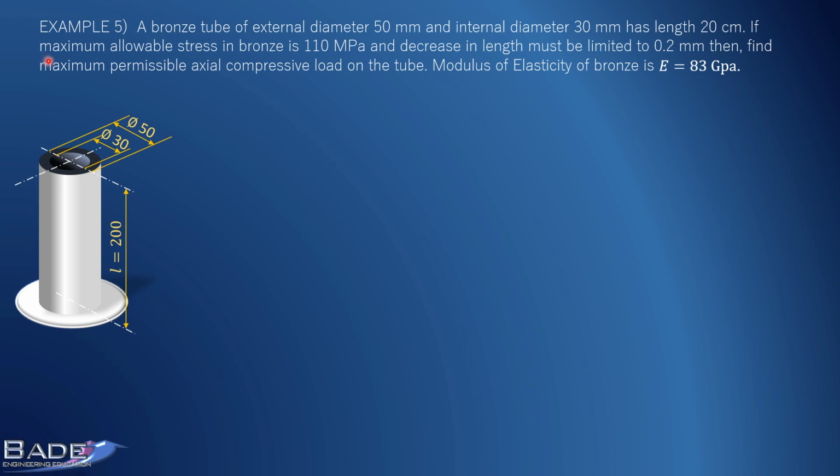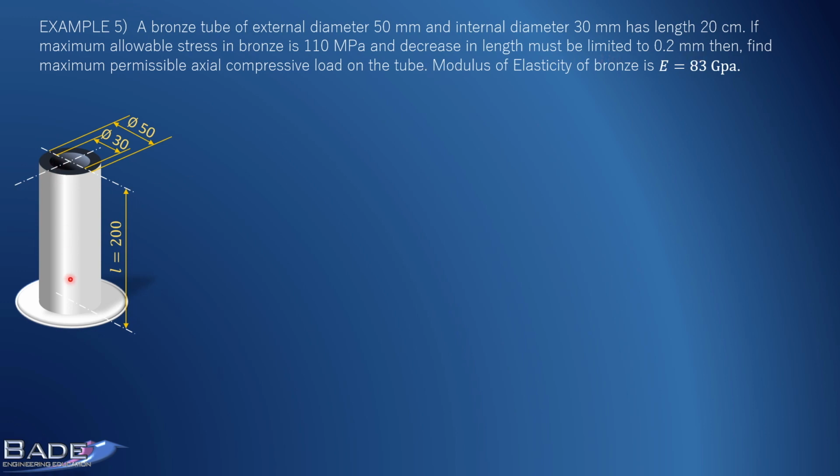There are two conditions involved and we are asked to find permissible compressive load. Which are the two conditions here? Check here. Maximum allowable stress in bronze is 110 megapascal. Stress in bronze must not exceed 110 megapascal. This is first condition. And decrease in length must be limited to 0.2 millimeters.